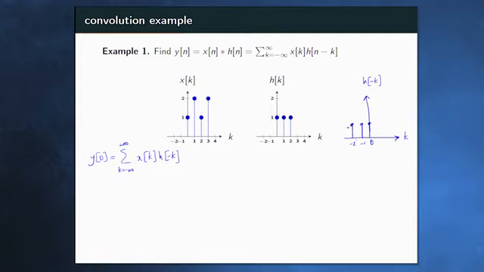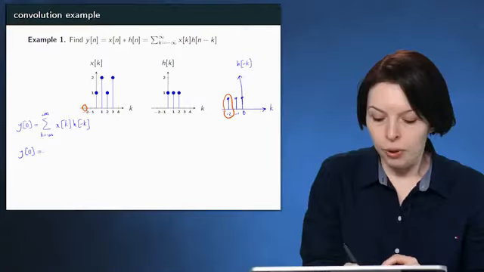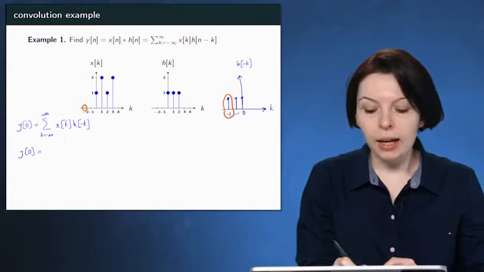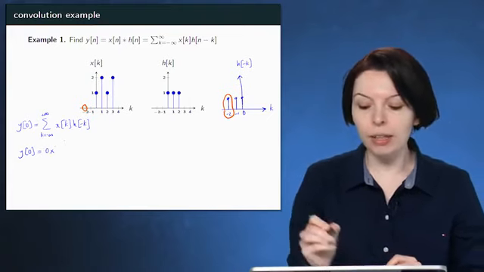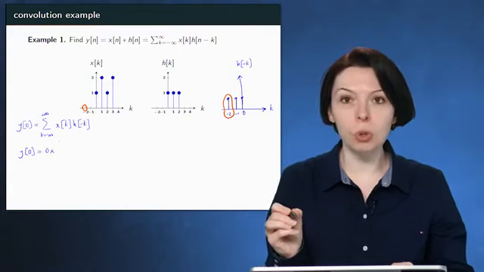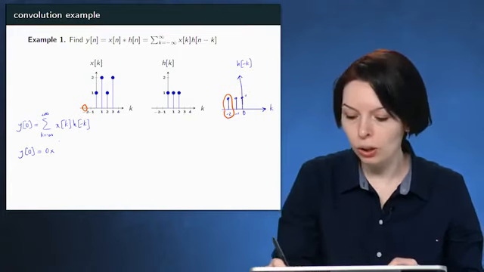So for k equal to -2, I have 1 for h of negative k, and I have 0 for x of k. So y of 0 is going to be equal to, for x at n equal to -2 is equal to 0, h of negative k at k equal to -2 is equal to 1, and so this is 1.